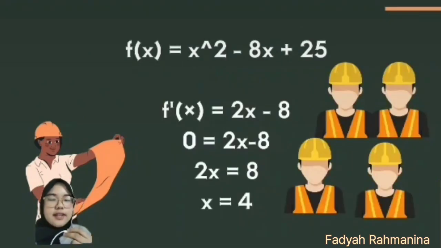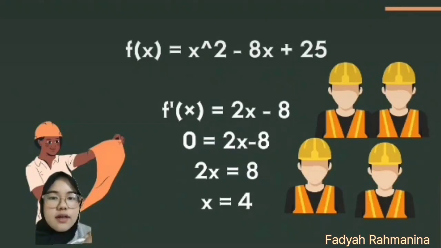So the first thing the consultant calculates is the minimum cost that Bu Ani would spend on renovating, because the function reaches the minimum when the derivative is equal to 0.